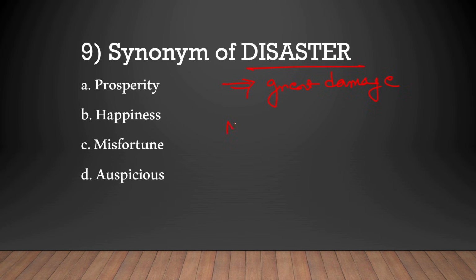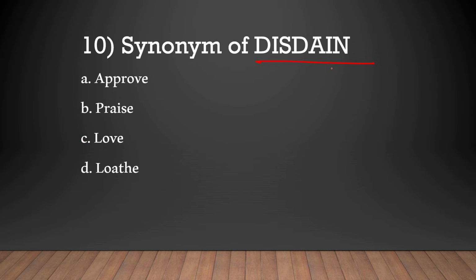So words like misfortune, catastrophe, tragedy, adversity. Okay, so look at the options. Option C. The word misfortune means bad luck or an unfortunate event that causes trouble or any kind of hardship.